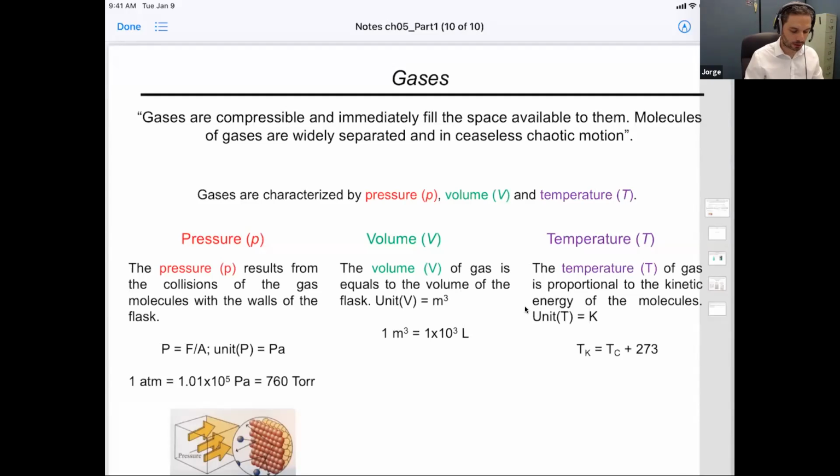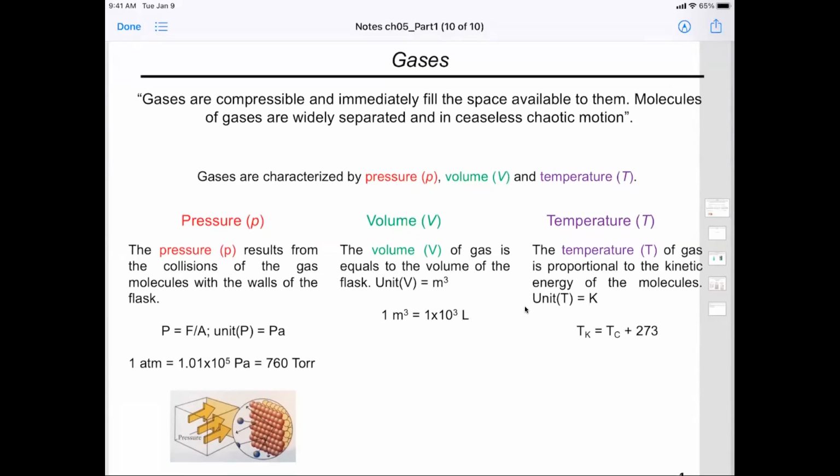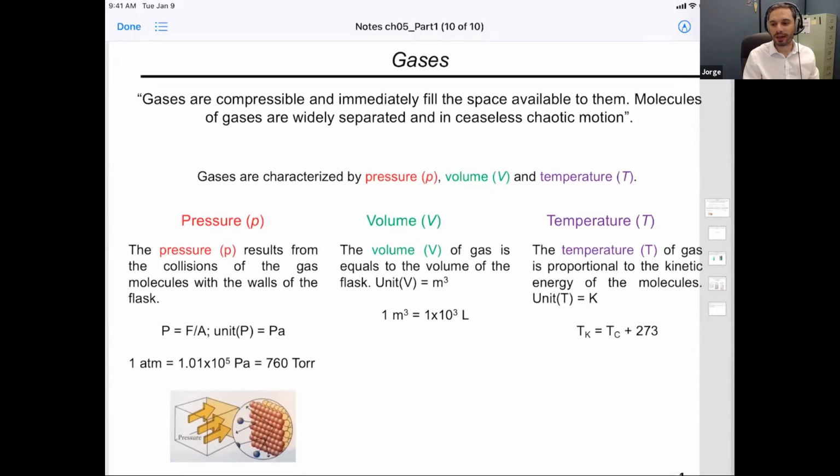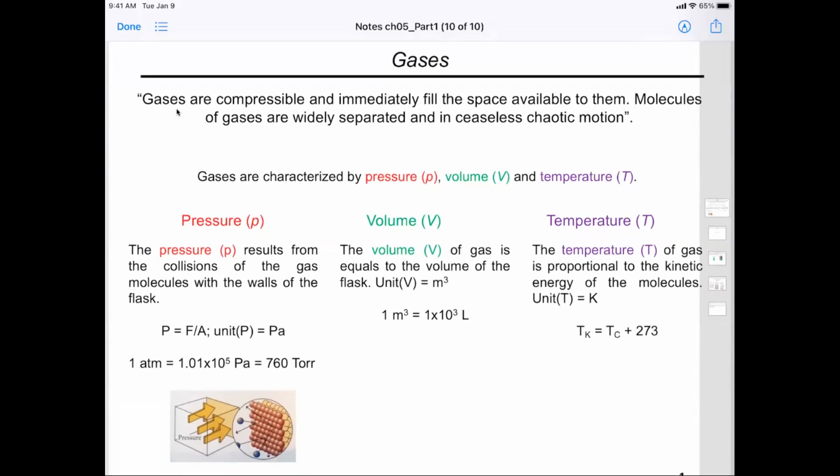Then let me switch to the other screen because it's going to be easier. Okay, so let's first talk about the characteristics of gases. Gases are compressible and immediately fill the space available to them. Molecules of gases are widely separated and in ceaseless chaotic motion.